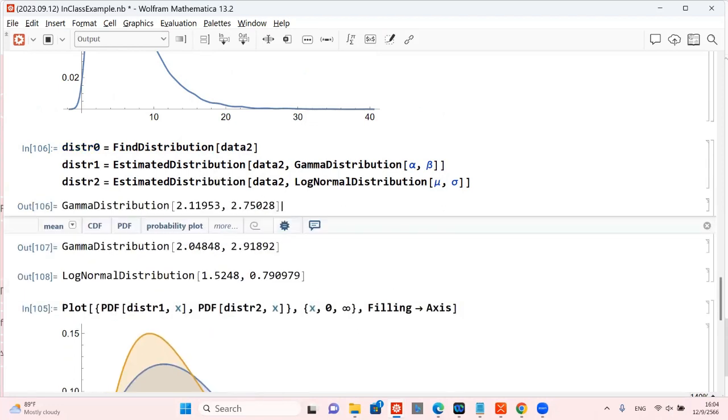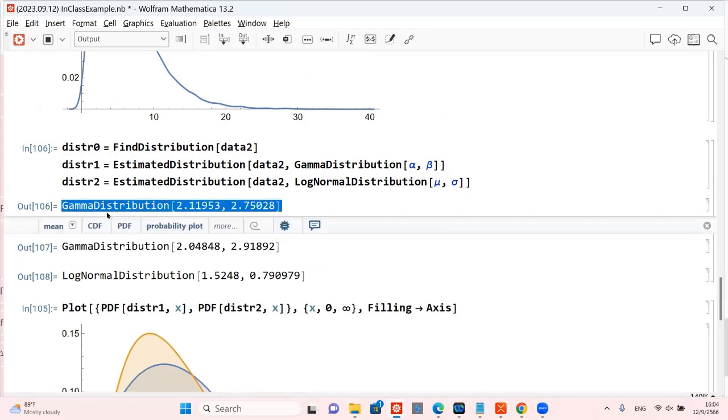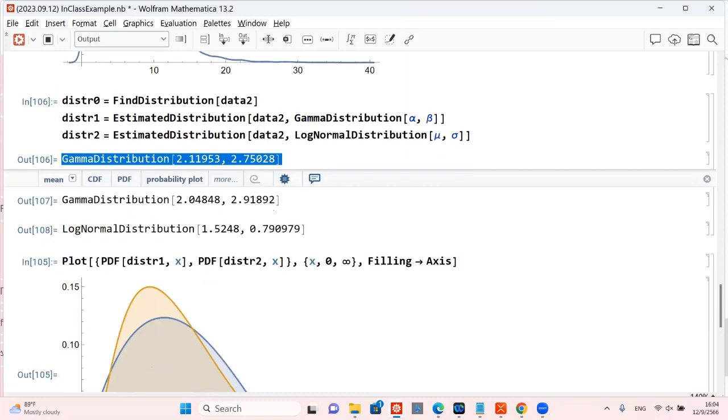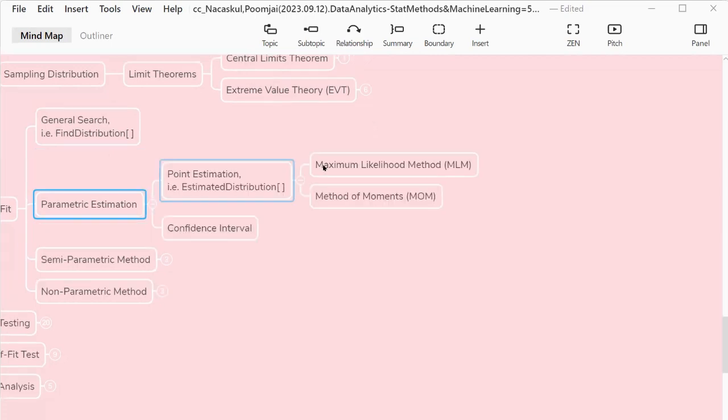It actually gets slightly different numbers, but it also agrees on gamma distribution. Sometimes numerically it's not stable, but it gets similar. So this thing I find general search, yes, parametric estimation, that's the one with estimation parameter, right? Internally, it used this kind of method. Never mind.